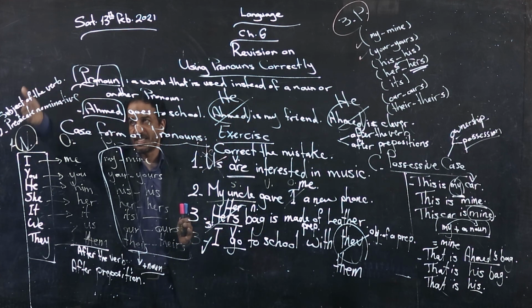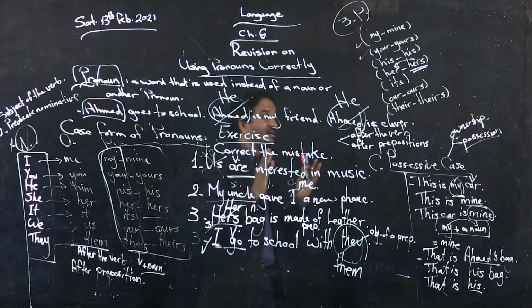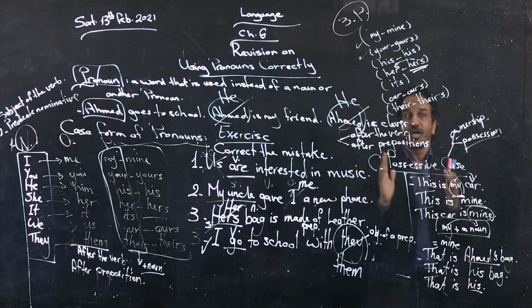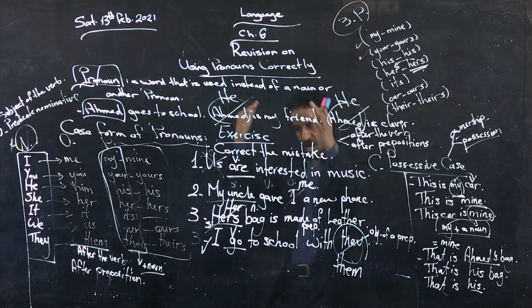Nominative case comes as a subject of the verb or a predicate nominative after verb to be. Objective case comes after the verb or after the preposition. Possessive case comes to show ownership or possession. And we have made an exercise to show the difference between them and to make them clear for all of you. I wish all of you got what I wish. Until we meet again, goodbye and good luck.